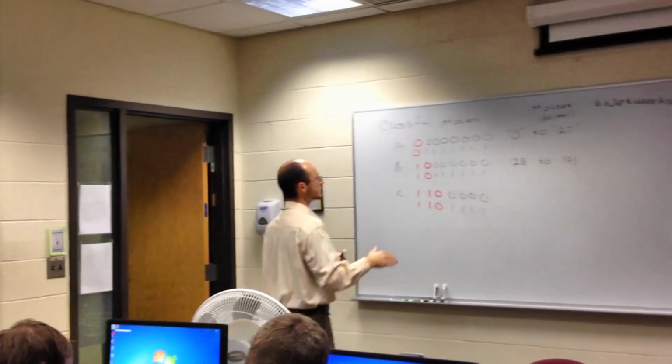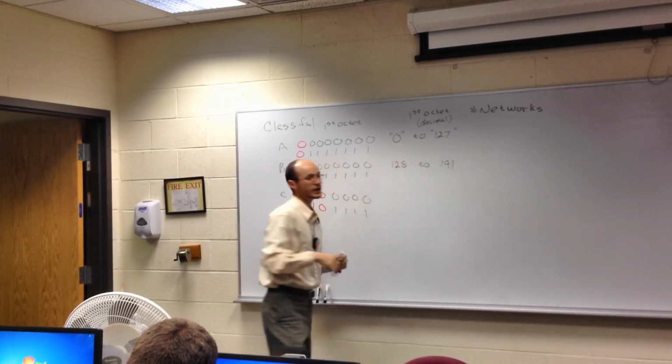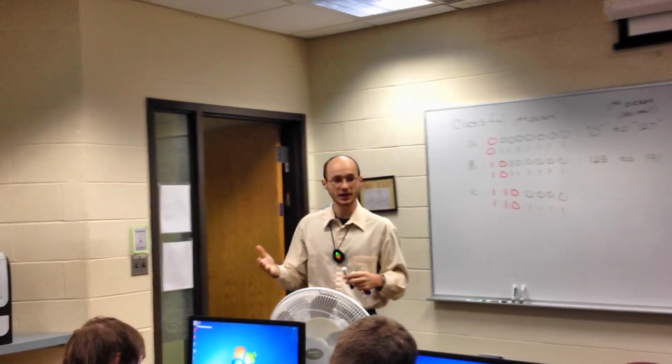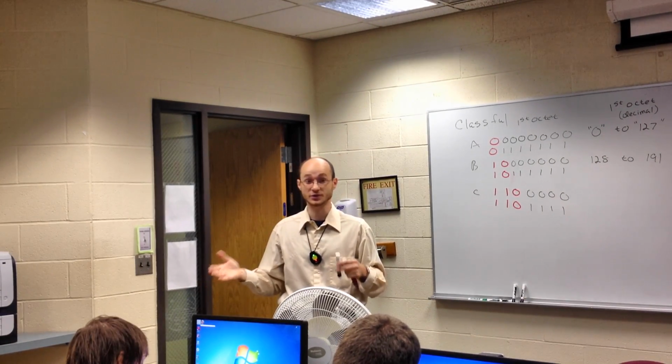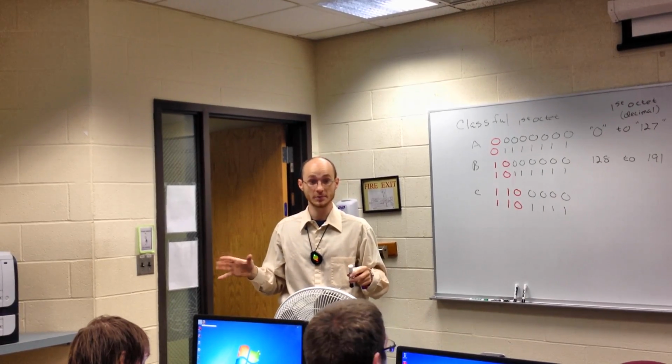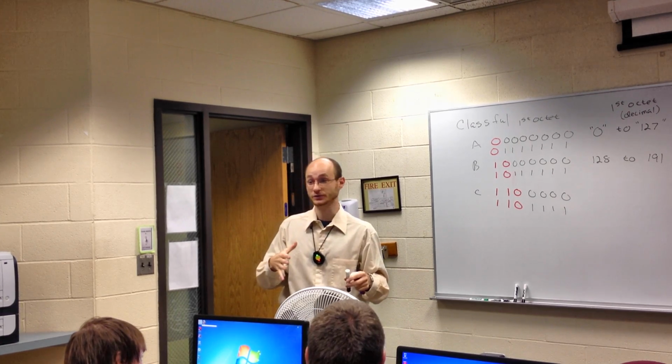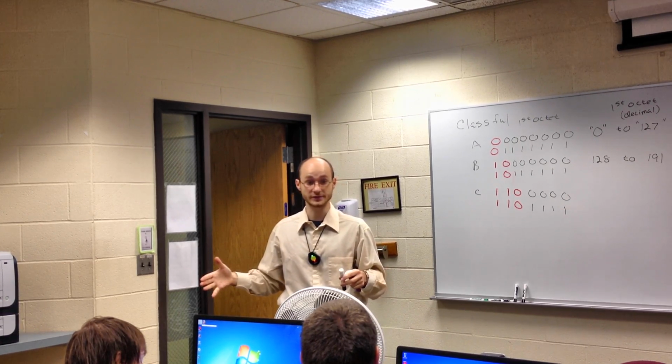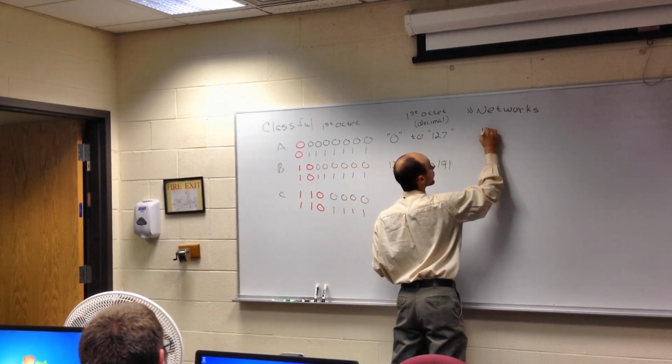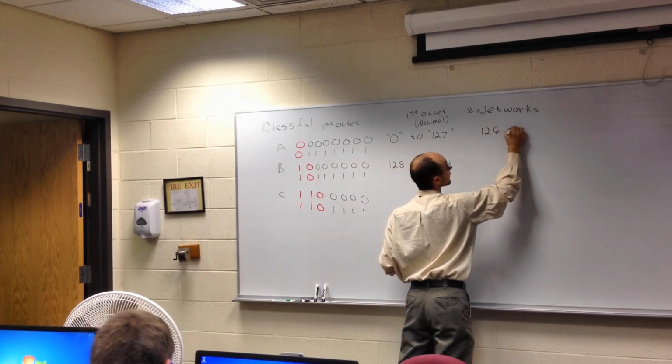If I'm saying my range is from 0 to 127, you would tell me that I can handle 128 total networks. We good about that? But I need to subtract away 2, correct? Because I can't use the zeros and I can't use the 127s. So that means I can go from 1 to 126, but that gives me a total of 126 networks.